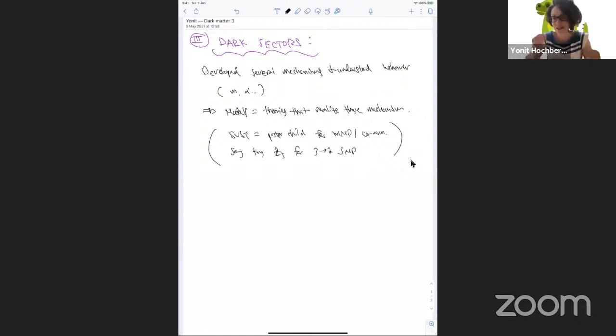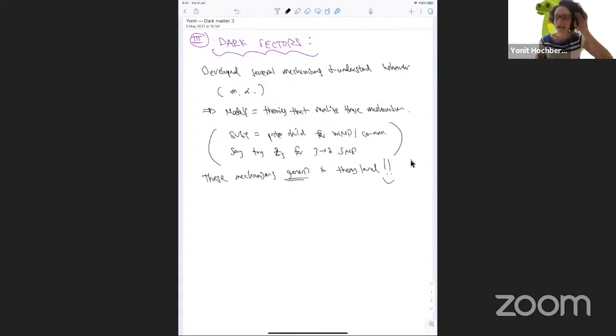Okay. So these aren't fine-tuned or super special. These are really just things that can naturally happen in theories of particle physics that we write down. So that's really something that I hope you take away from this lesson, is that these mechanisms are really generic in theory land.